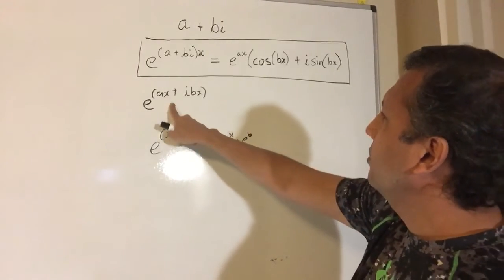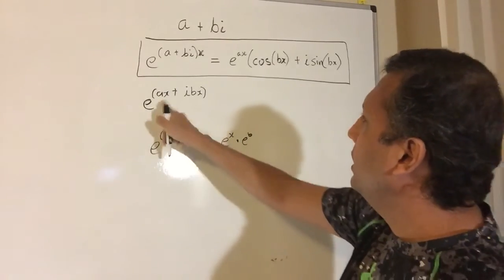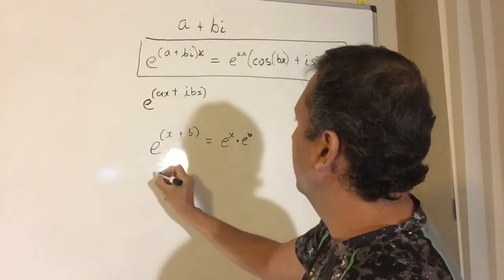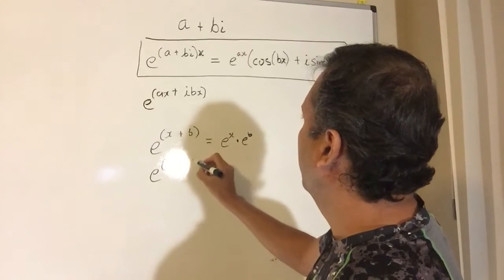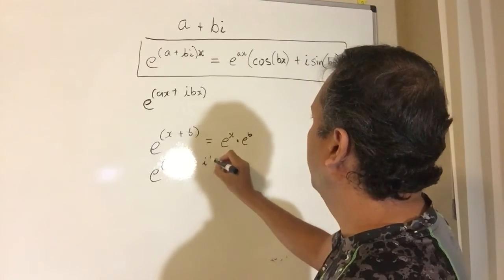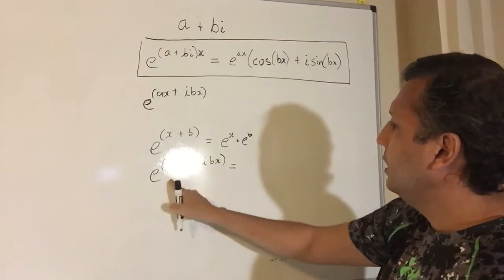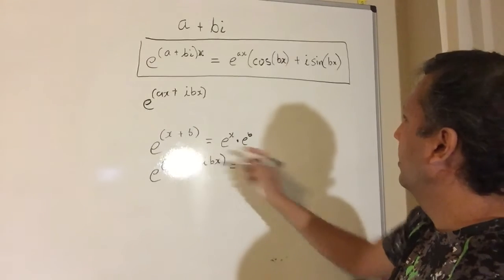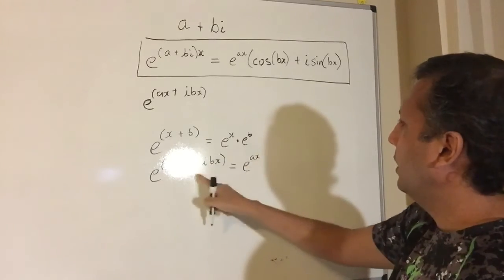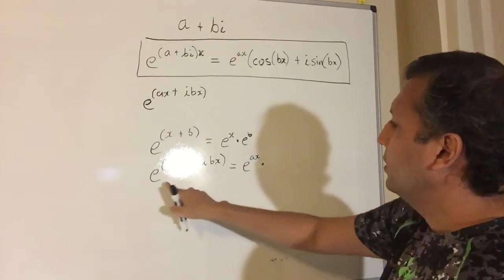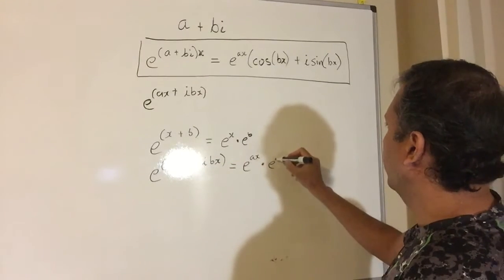So now I'm going to take this and write it in this form. e to ax plus i bx equals e to ax, then it's going to be multiplied by the same base, which is e to ibx.